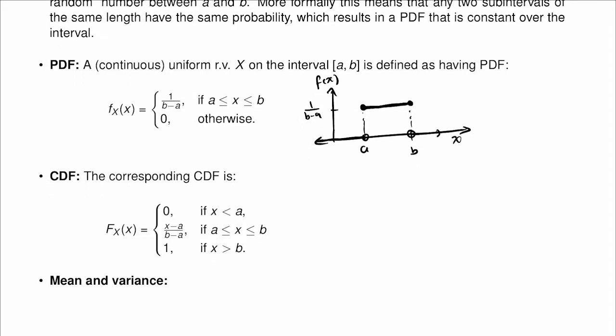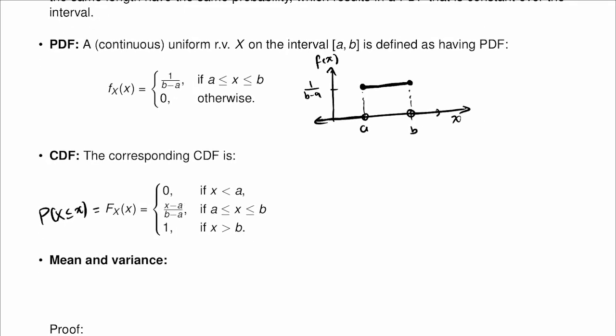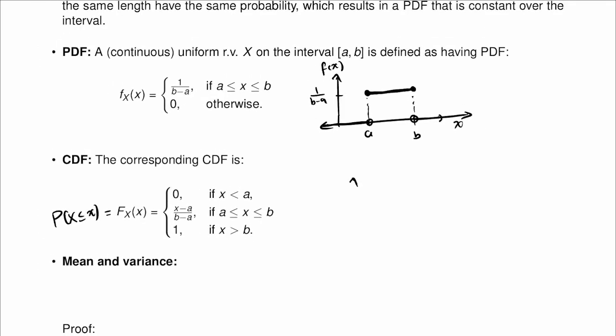So the CDF is given by this equation. Remember that CDF is the probability of x being less or equal than x. And we have that it is a stepwise function. So for x less than a it is going to be 0. So it's like this. For x between a and b, it is this line.